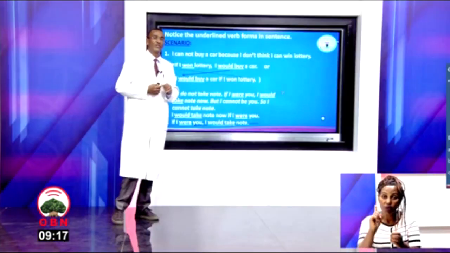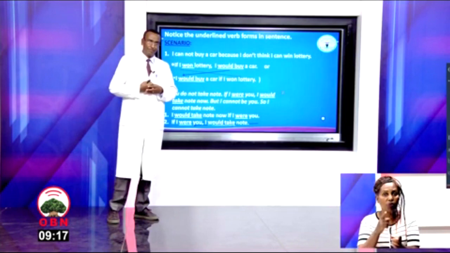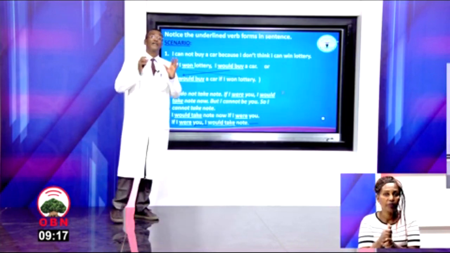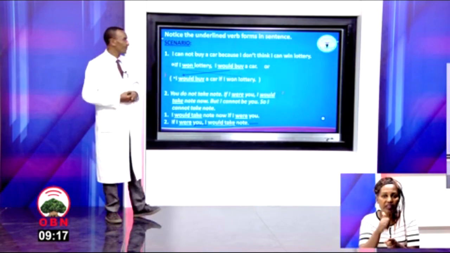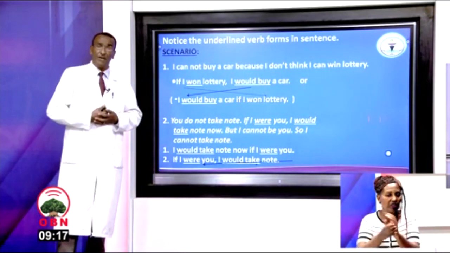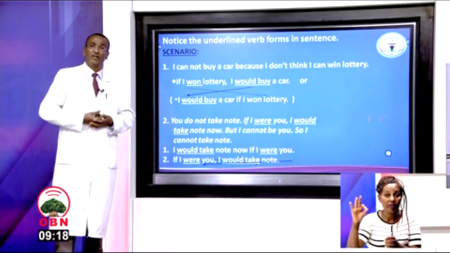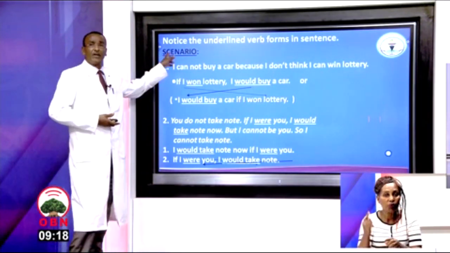Not impossible conditions, not real conditions, but unreal, unlikely, or imaginary conditions. In other words, when we use if, we are expressing conditions. Today, we look at a scenario or situation.